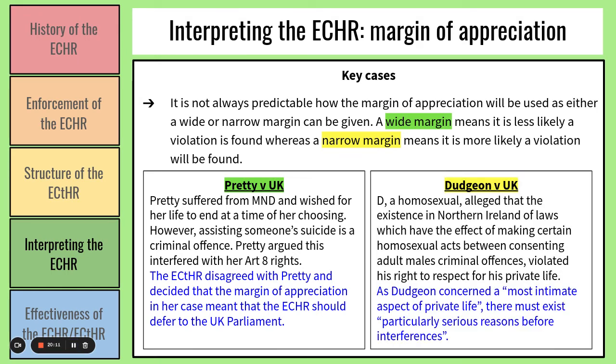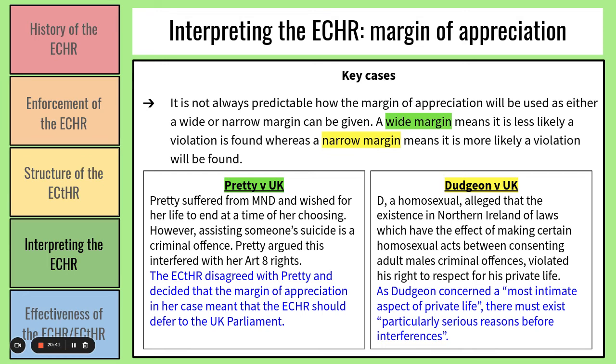However, a case which shows a narrow margin of appreciation is Dudgeon and the UK. In this case, Dudgeon was homosexual and he alleged that the existence of laws in Northern Ireland which made homosexual acts between two consenting adults criminal offences violated his right to a private life. In this case, there was a narrow margin of appreciation because it concerned the most intimate aspects of private life.